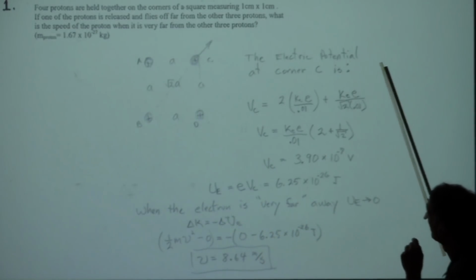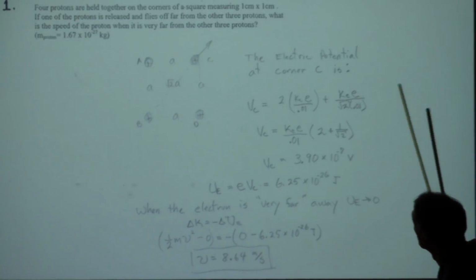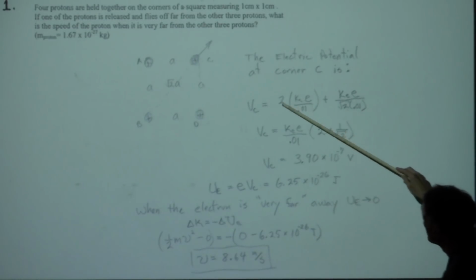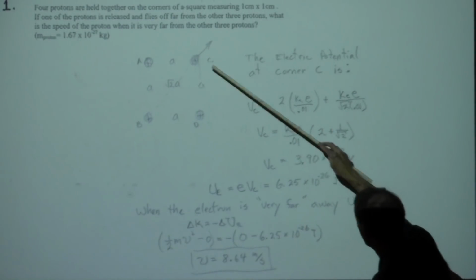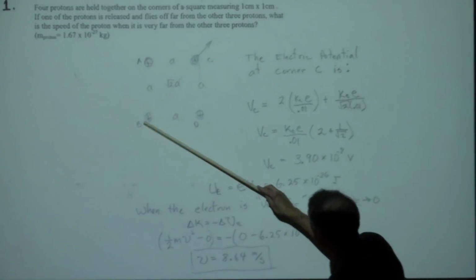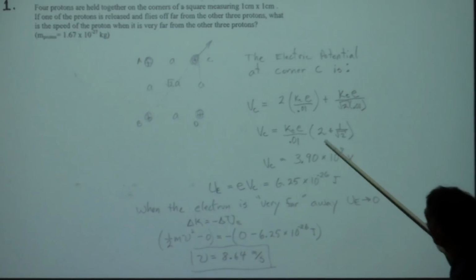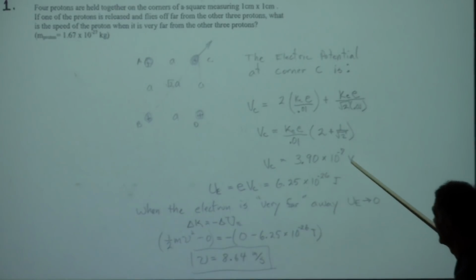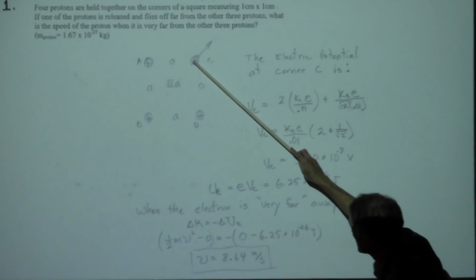The nice thing about the energy methods is that they're just scalar. So if I add these up, these two corner charges are just times 2 because they're the same distance away. This other one is this distance, and we can add that. We can do the math, stick in the numbers, and get the electric potential at that point in space.